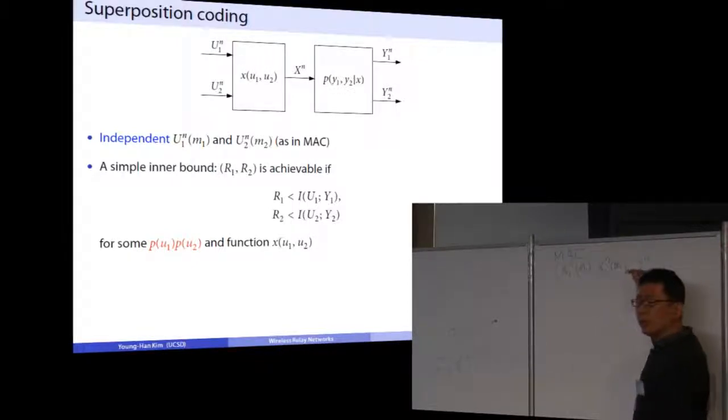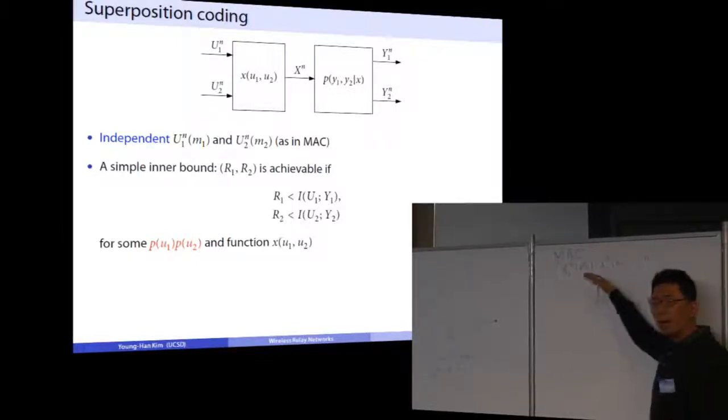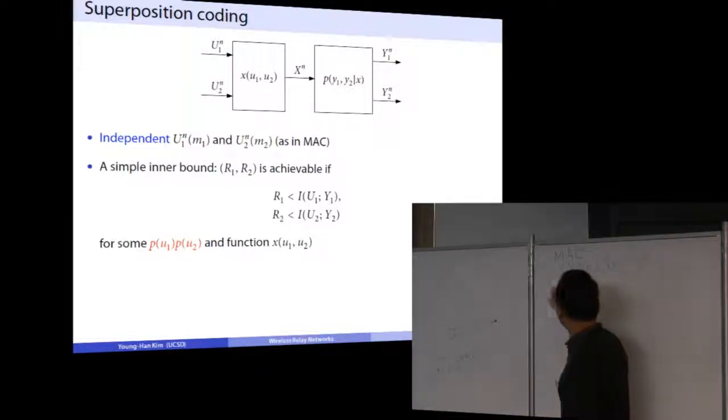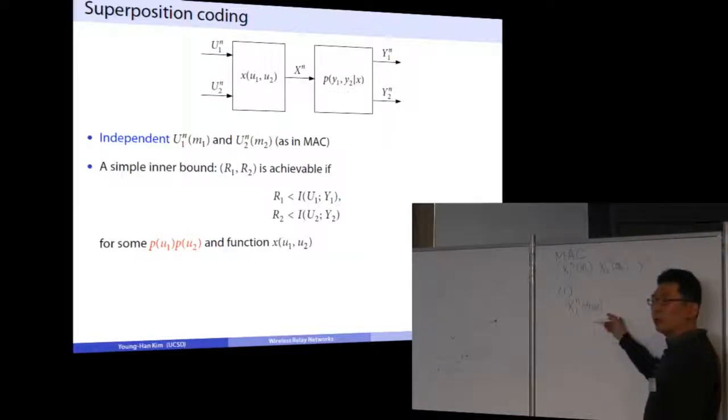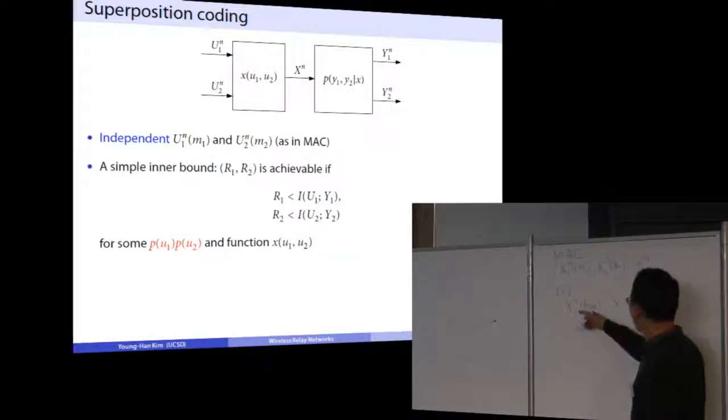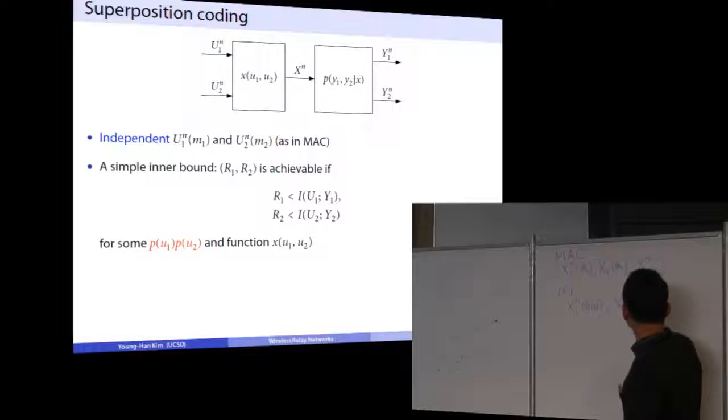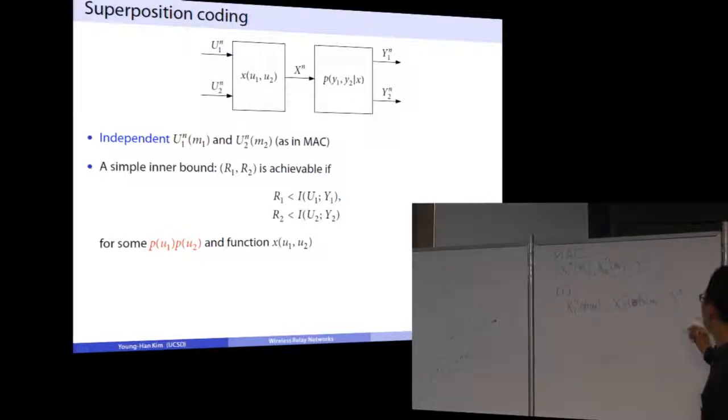Now, for the case of wrong messages being jointly typical with Y, I have to decompose the error events into three different types. The first type is the true code word for X1 and a false code word for X2, and the received output is jointly typical.